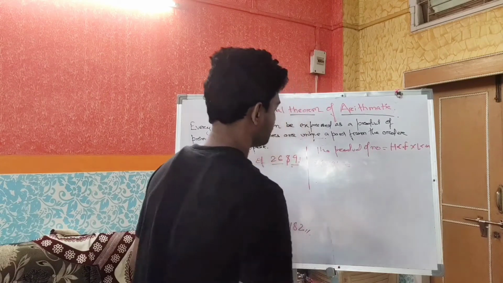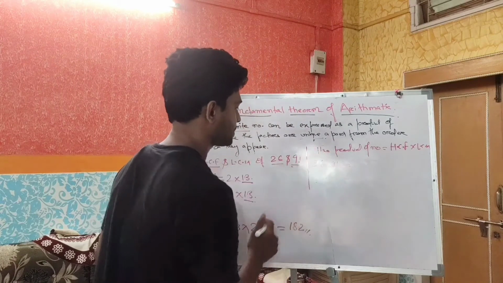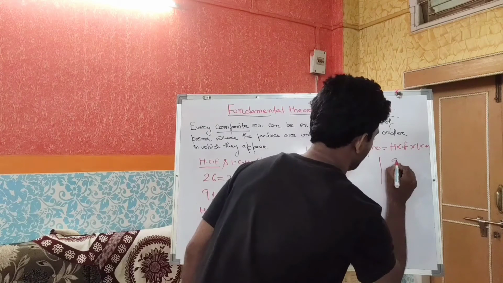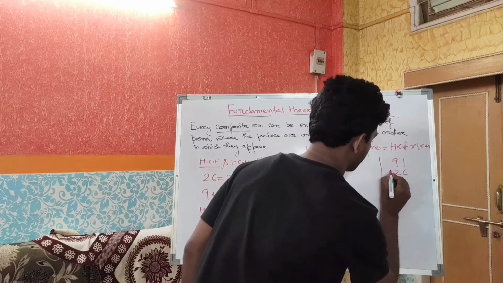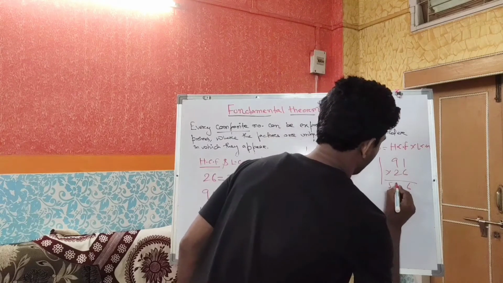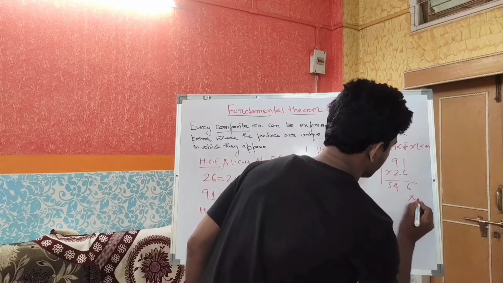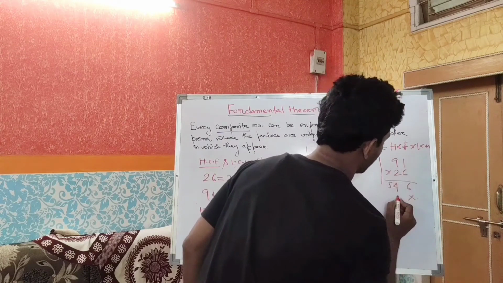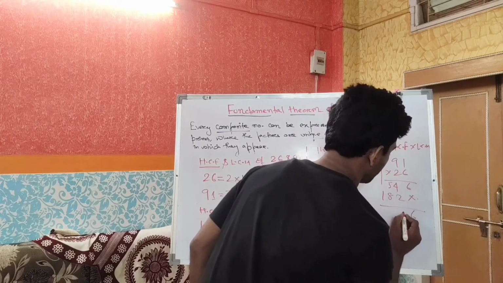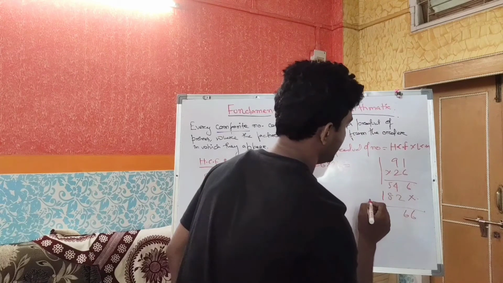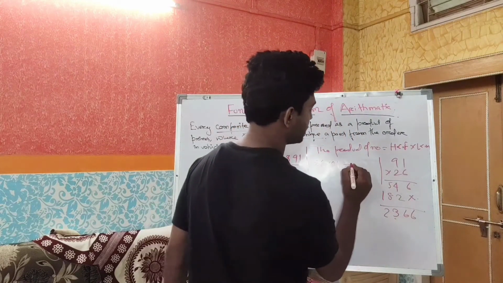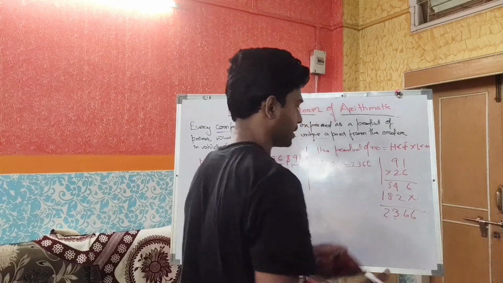Let us multiply 91 times 26 in rough. 6 times 1 is 6, 6 times 9 is 54. Then 2 times 1 is 2, 2 times 9 is 18. So the product of these two numbers is 2366.